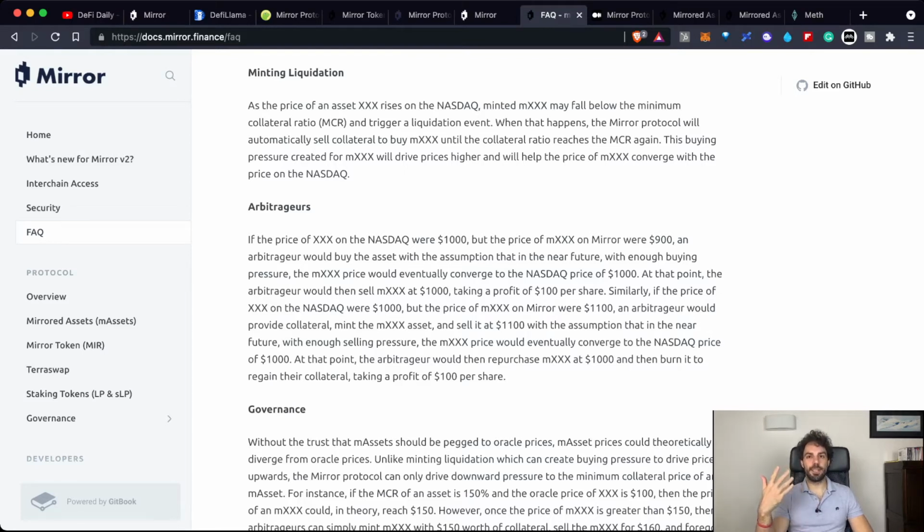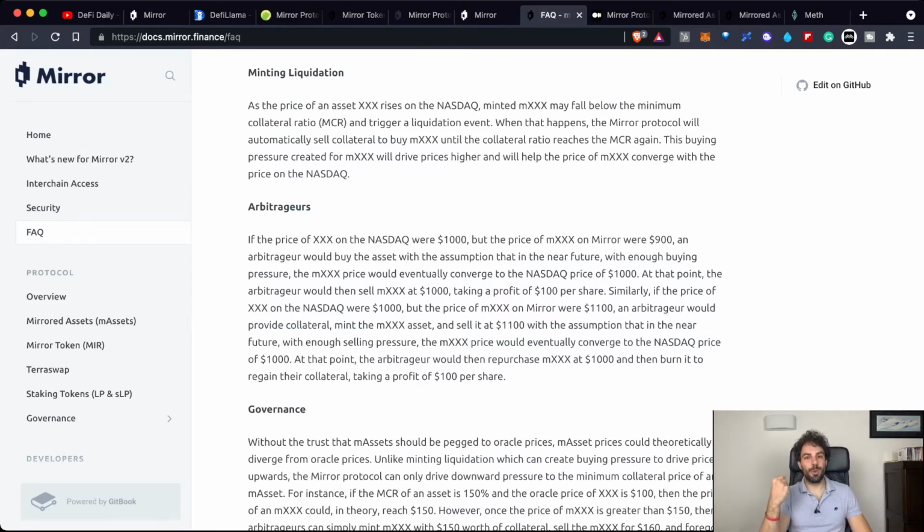So let's say, for example, that the price of the real stock increases. It means that you are at risk of liquidation, because if you have a really high exposure and for any reason your exposure increases beyond 150% of your collateral ratio, your position will be liquidated.